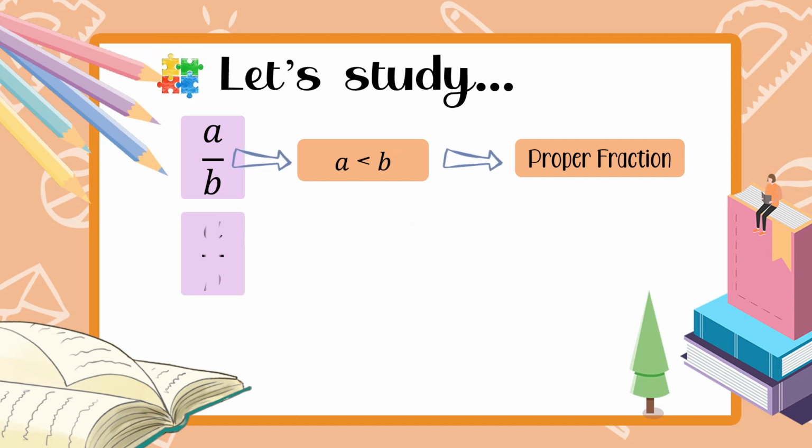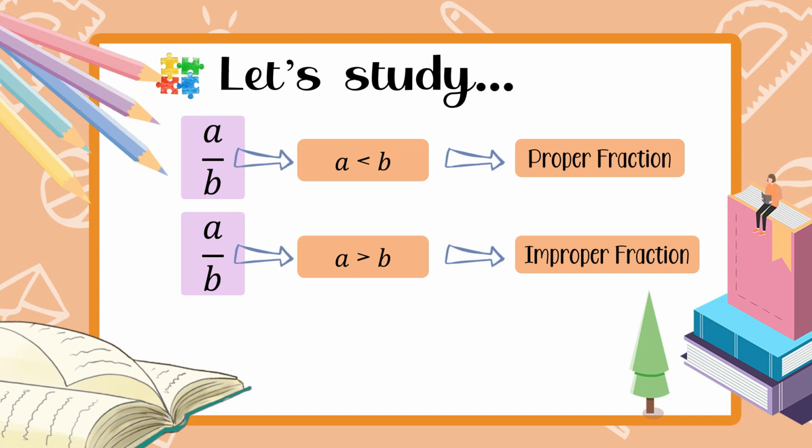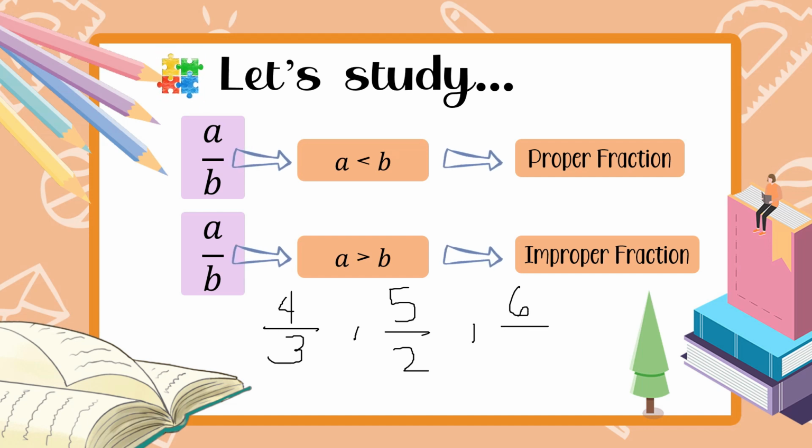Kapag naman ang rational number mo, ang kanyang numerator ay mas malaki kaysa sa denominator, you call that fraction an improper fraction. Examples, we have 4 over 3, 5 over 2, and then let's have 6 over 4.